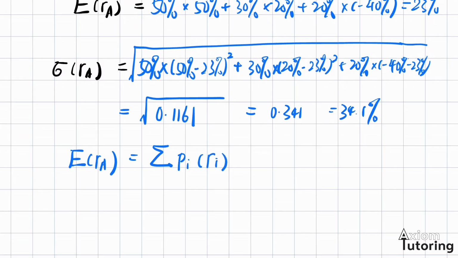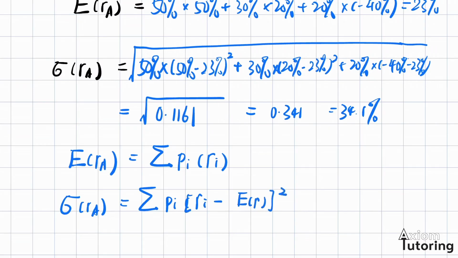Okay, so the standard deviation for RA is simply, again, the summation of Pi, but then each individual return minus the expected return, but to the power of 2. Okay, so that is very similar to what we have learned in statistics.